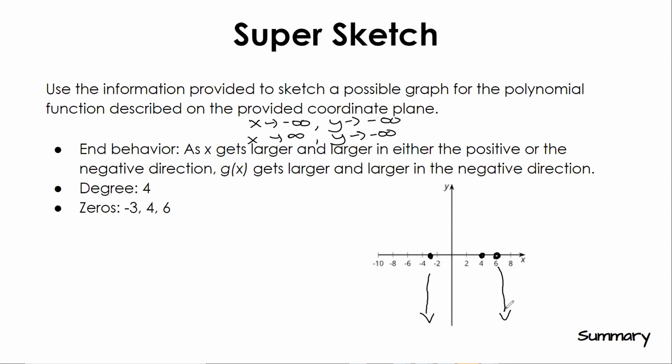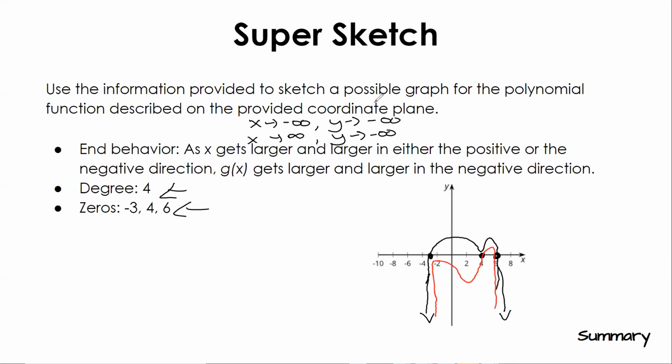Now, it's a 4th degree, but we only have 3 zeros. So that means that one of these has to be a bounce. You could have gotten a couple different things. You could have gotten something like this, where it crosses here, bounces here, and then crosses here. Or it bounces here, crosses here, crosses here.